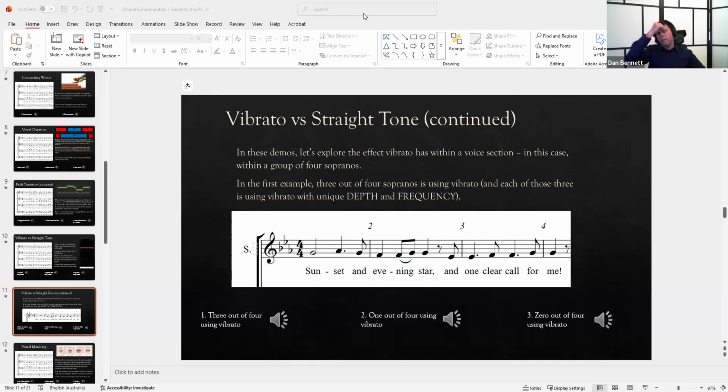What does it feel like? For example, one where 3 out of the 4 sopranos were using vibrato at different rates. What did that sound like, or what did that feel like to hear it? Very unnatural. It just didn't feel right at all.